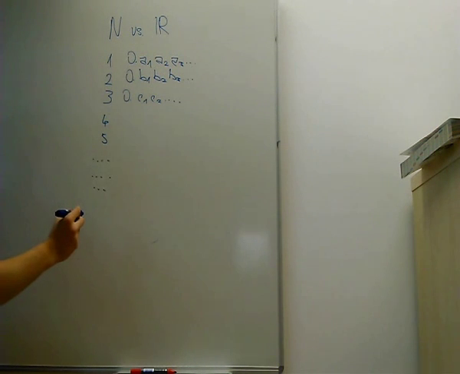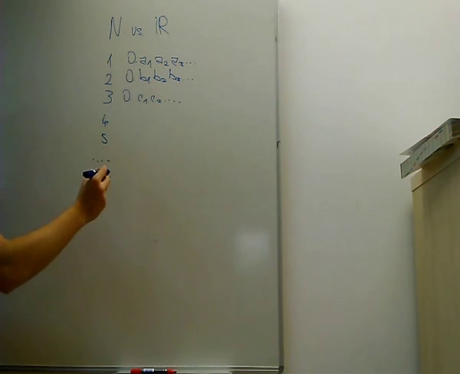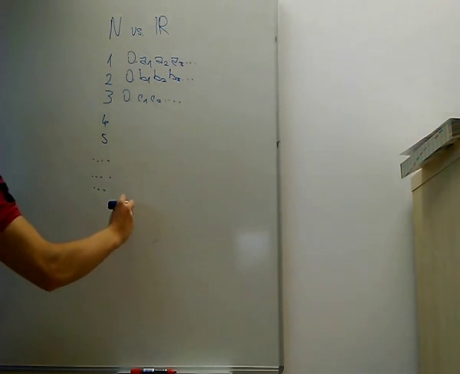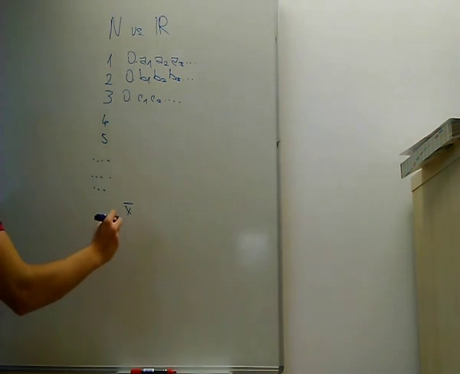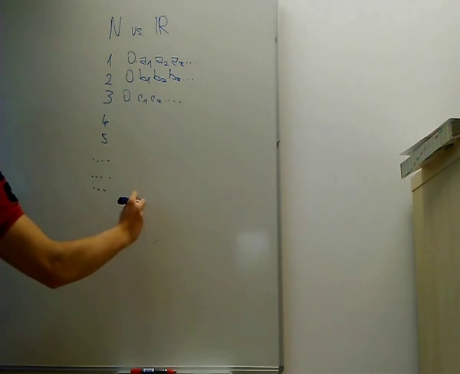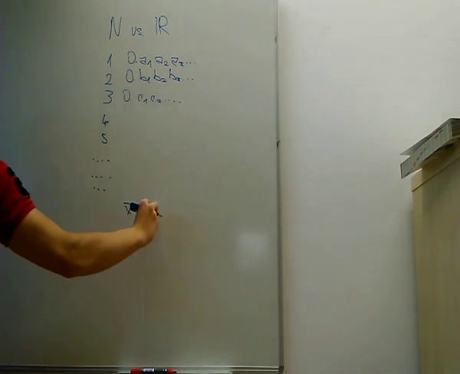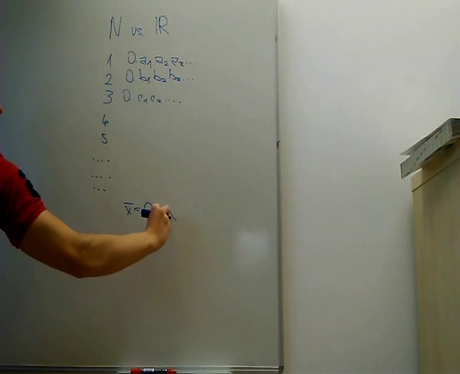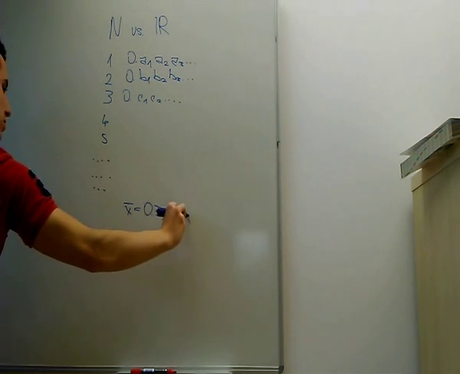Assuming that I listed all of them, now I will come up with a new real number and call it x bar. I will denote decimal digits of x bar as x bar 1, x bar 2, x bar 3 and so on. Now, check this out.